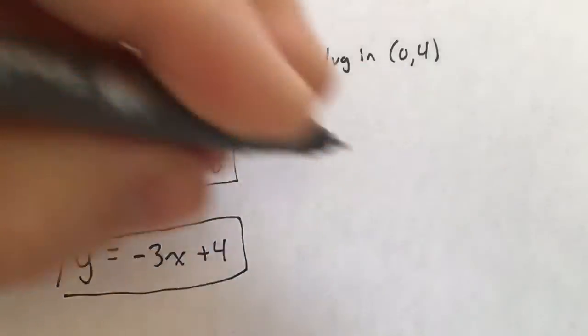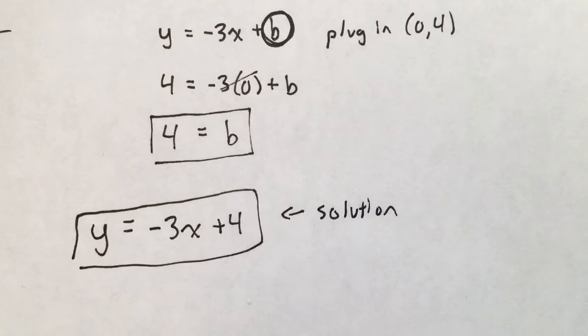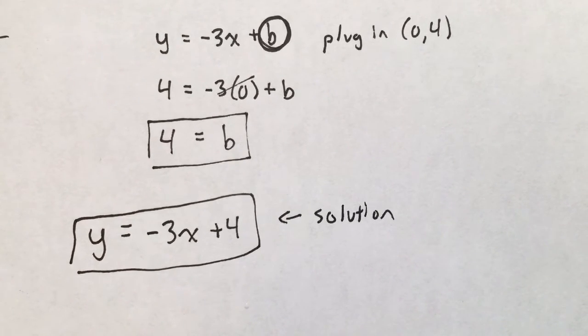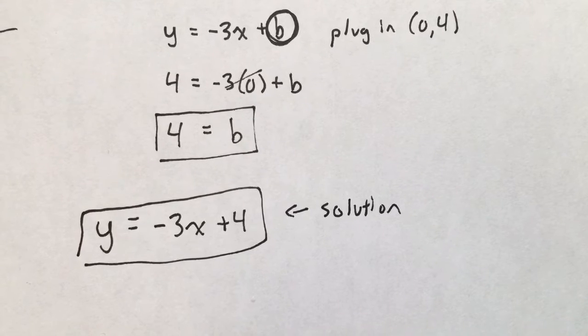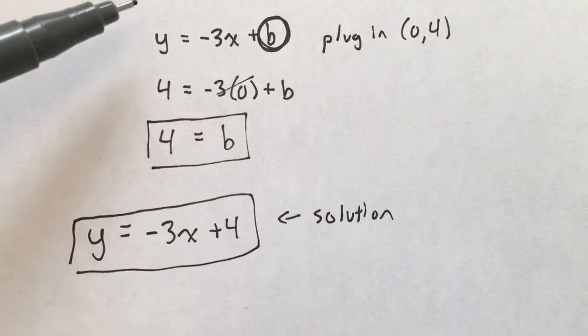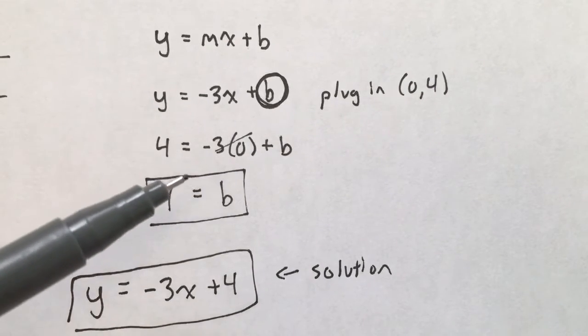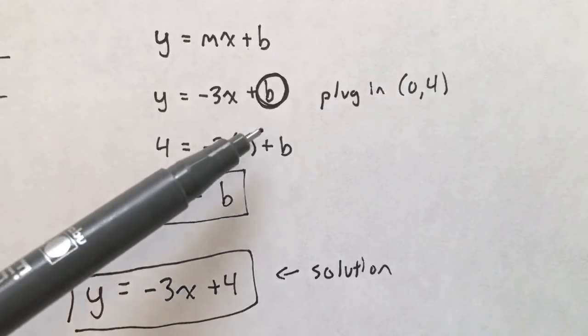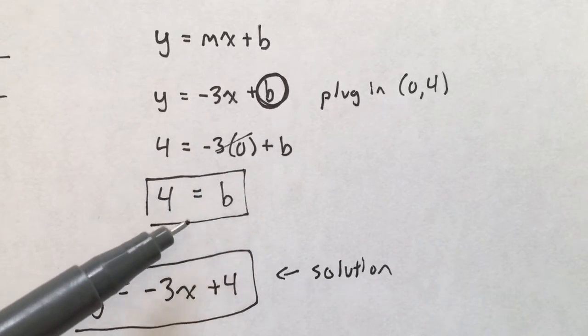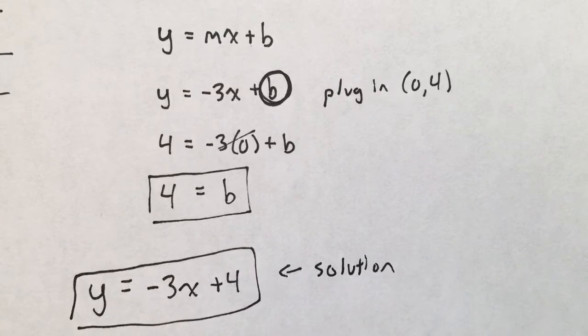And there you go, there is your solution. That's not too bad at all. As long as you follow those steps in order, find your slope first, then plug it in to slope-intercept form, and then pick a point from the table, plug it in, and solve for b, you can get your function rule every single time.